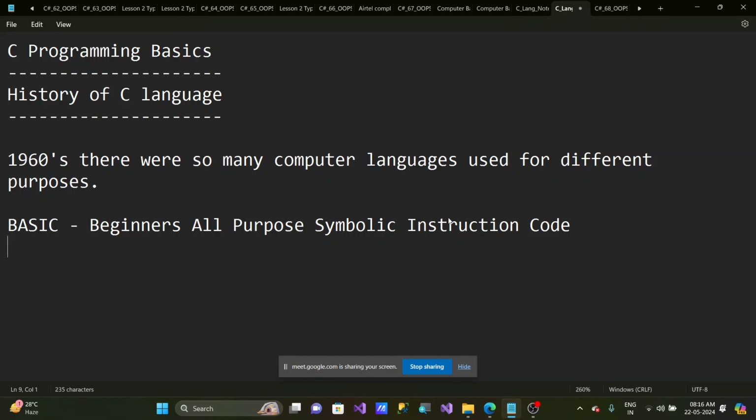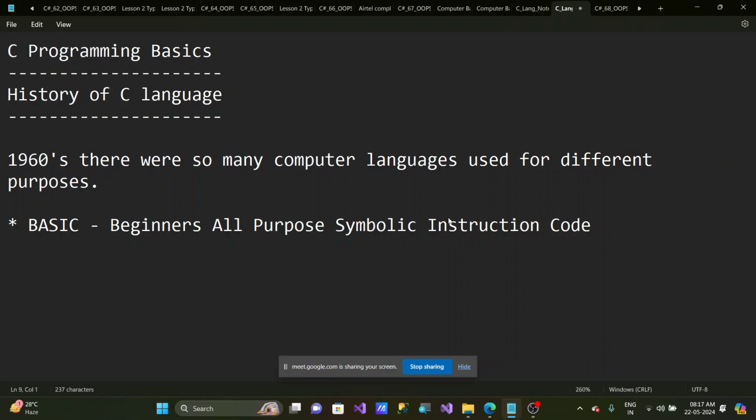So what is the use of BASIC? Generally BASIC is used for learning coding skills. In the initial days, people learned BASIC first in order to go for any other further language. Same way, we have a language called COBOL.